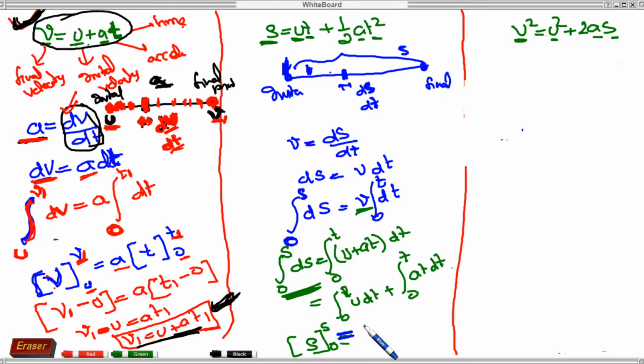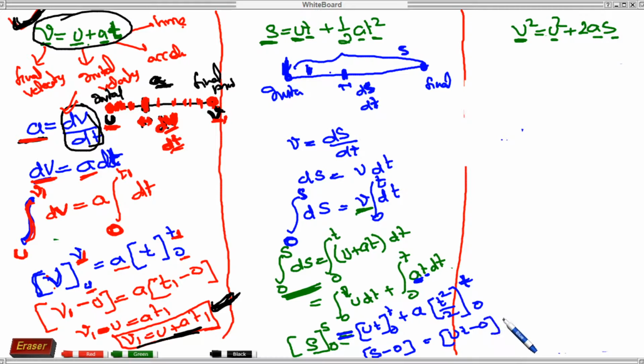For this one, ut from 0 to t, plus, here as a is constant, it will become t square. This t is integrated, so t square over 2, from 0 to t. So here it will become s minus 0, ut minus 0, plus a t square by 2 minus 0.